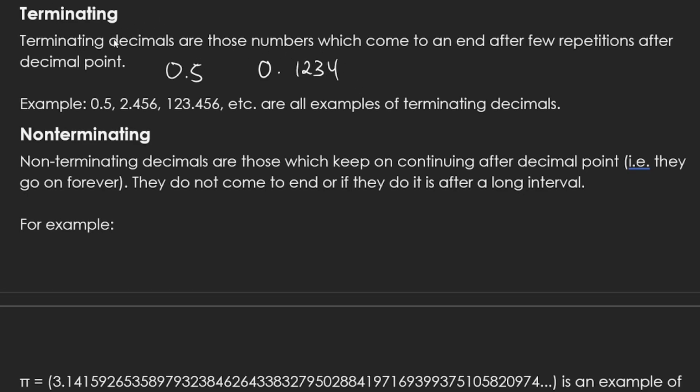Moving on from terminating, we have the opposite. Then let's go to non-terminating. It is a decimal that has non-terminating numbers. So if we have here pi, we have 3.14159265 and so on and so forth, and it doesn't end. So this is an example of a non-terminating decimal that keeps on going forever.